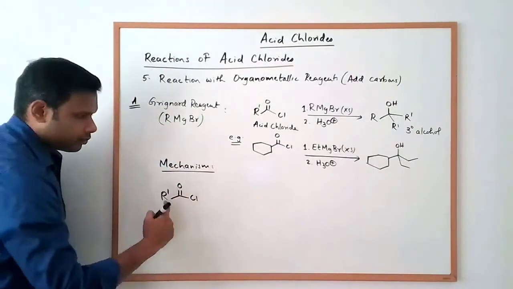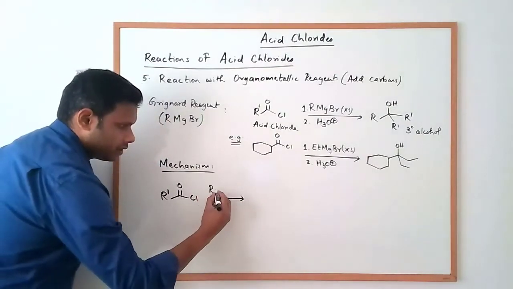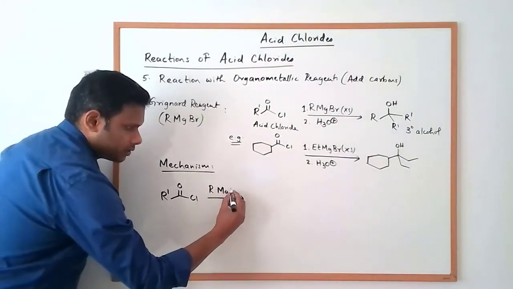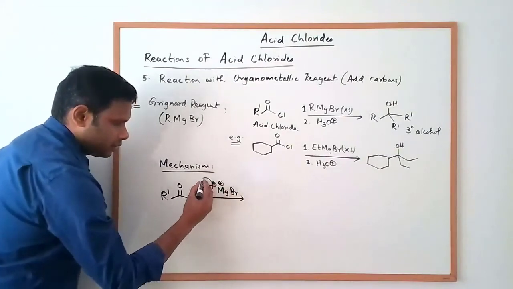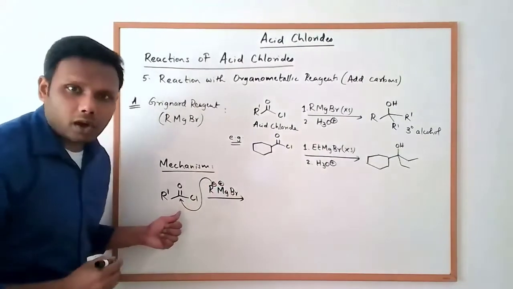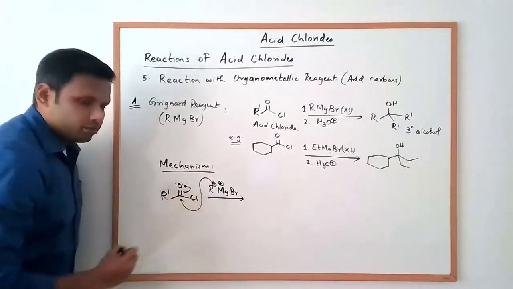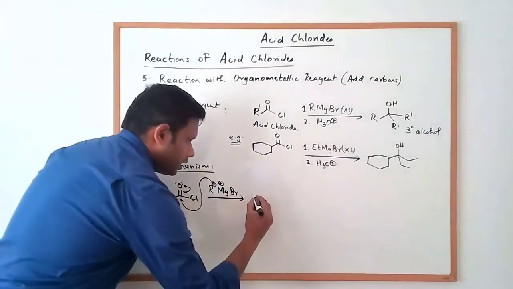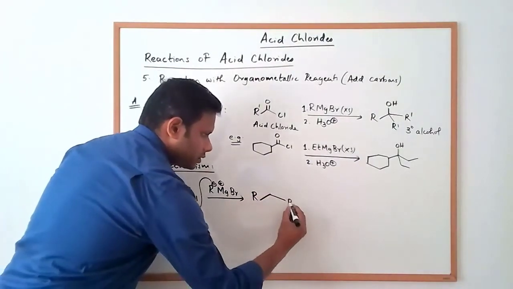So if I have my acyl chloride, in the first step, the Grignard reagent is going to attack the acyl carbon, and the double bond is going to get pushed up. And this would bring us to a tetrahedral intermediate.